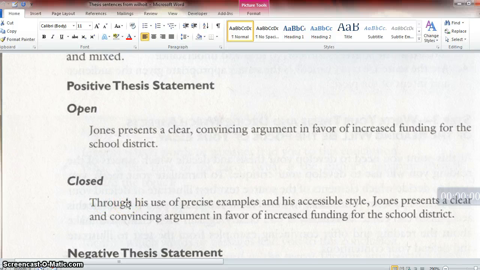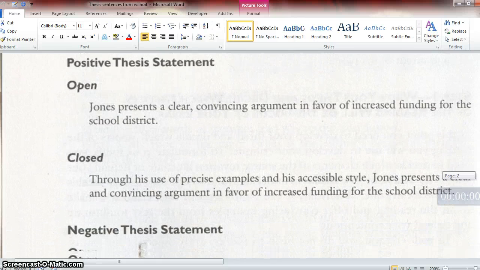They close it by telling us exactly why they're positive about it. So we expect the rest of this paper to be about his use of precise examples and his accessible style. In the rest of whatever this essay, this paper, this article is, they're going to talk about these two things. And if they don't talk about those things, then we feel as the audience that they really misled us.